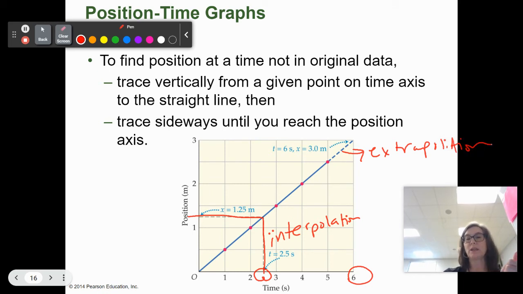So I do the same thing though. Here's my point, I'm going to go up till I would meet that line. If I could take that line and extend it out to a point that would meet that line, and then I go across. So at 6 seconds, I'm predicting that my position will be 3 meters.